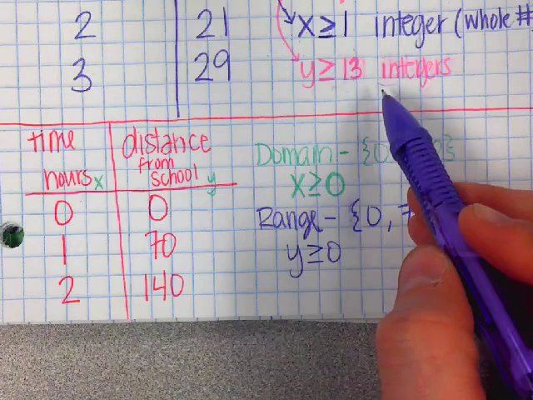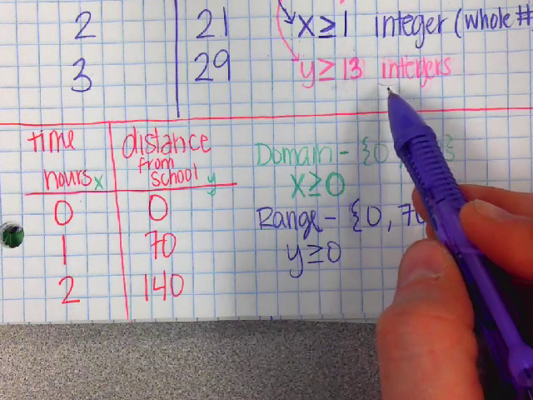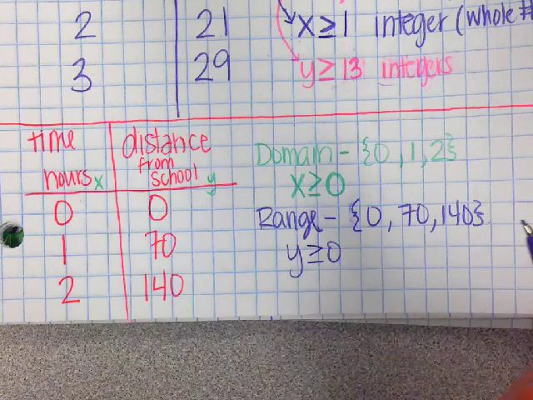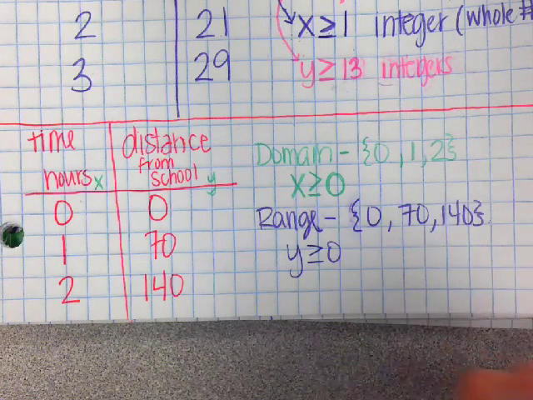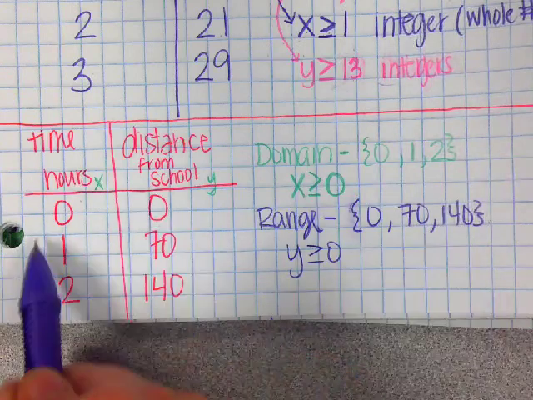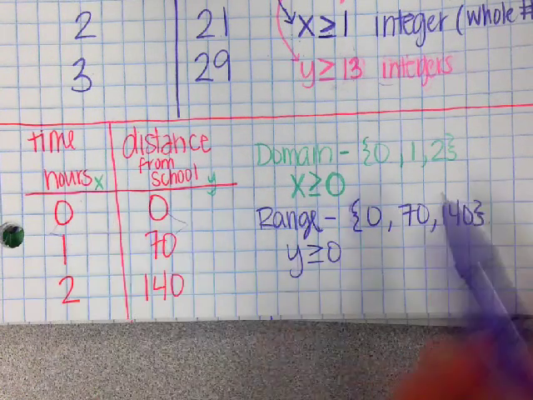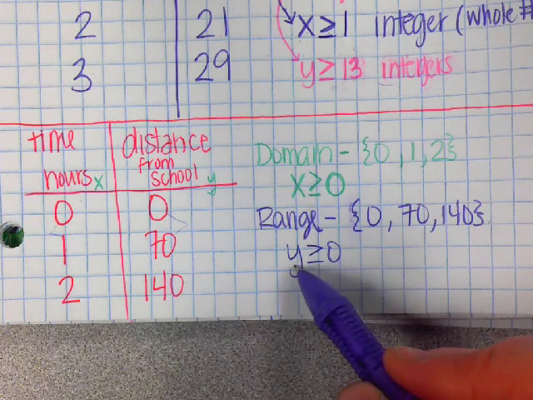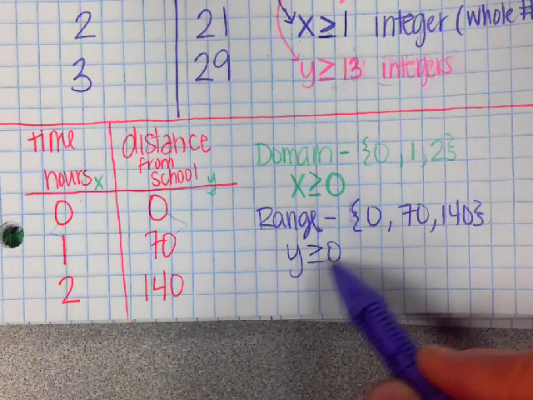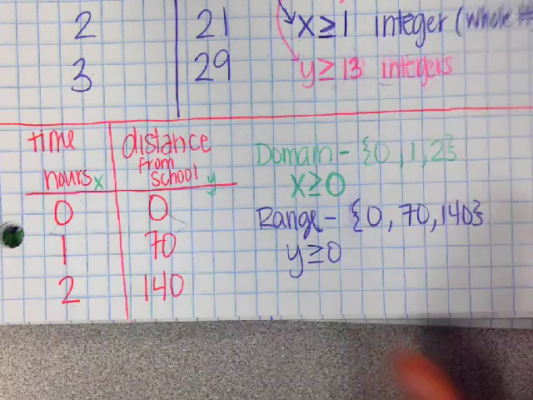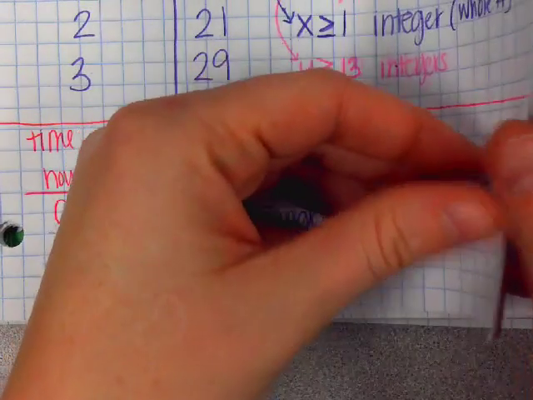And then you have to decide, do you need to put that, it's called a stipulation or whatever, restriction, I guess you could call it. But do you need to put a restriction on this? Can you go 1 mile? Can you go 1.5 miles? Can you go 68.7 miles? Of course you can. So just like time can be in between here, distance can be in between here. So it would be y is greater than or equal to 0.